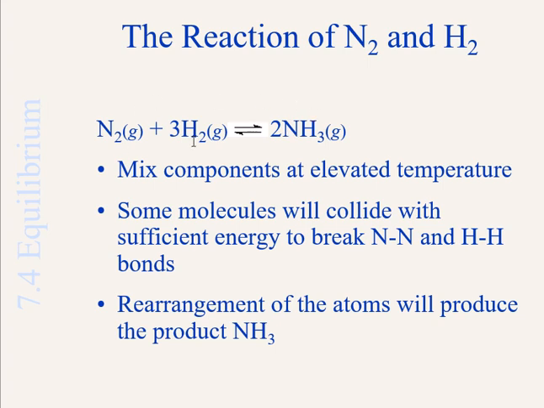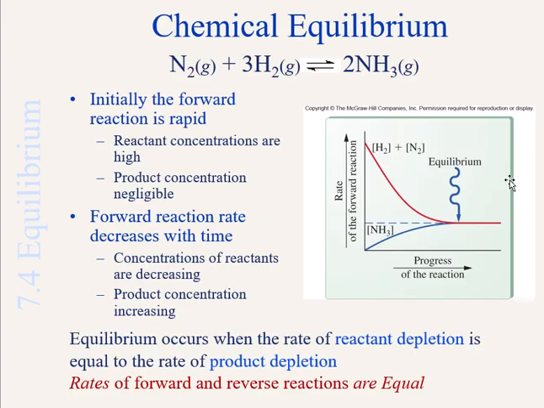We can show this in graph form, shown here, which depicts the progress of the reaction and the rate of the forward reaction and the rate of the reverse reaction. So initially, at the beginning, notice we only have a very high concentration of hydrogen gas and nitrogen gas, while zero concentration of ammonia.